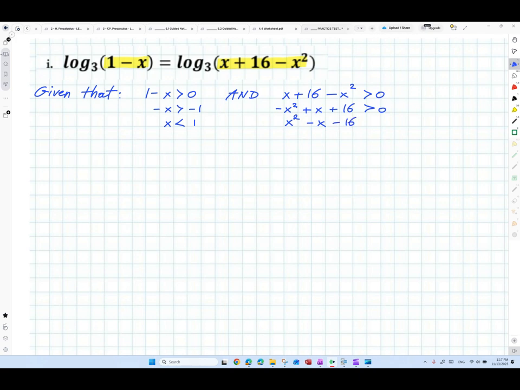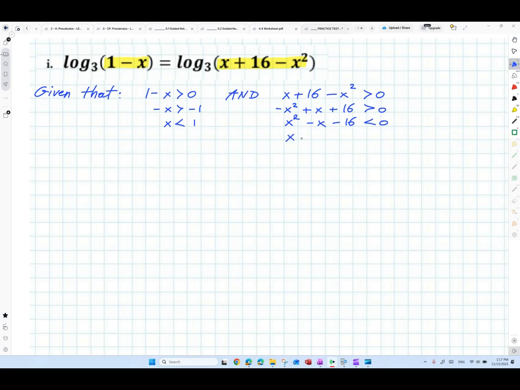So I'm going to multiply everything by negative 1, which will imply that I will flip the inequality. So here I've got a quadratic inequality. You have two ways. You could solve the corresponding equation and then report that on a number line, and then test each section of the number line thus defined. But a more algebraic and rigorous way is to complete the square.